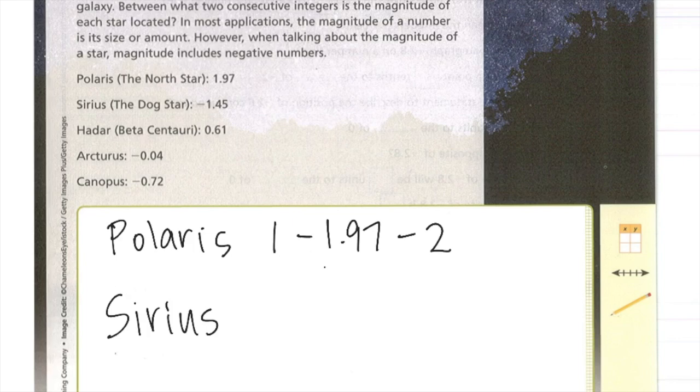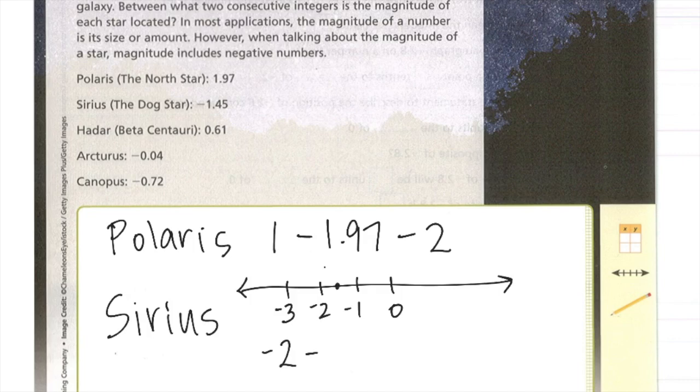So that would be, if I were on a number line, 0, negative 1, negative 2, negative 3, negative 1.54 would be in here, so it's between negative 2, then there's negative 1.54, and then negative 1.